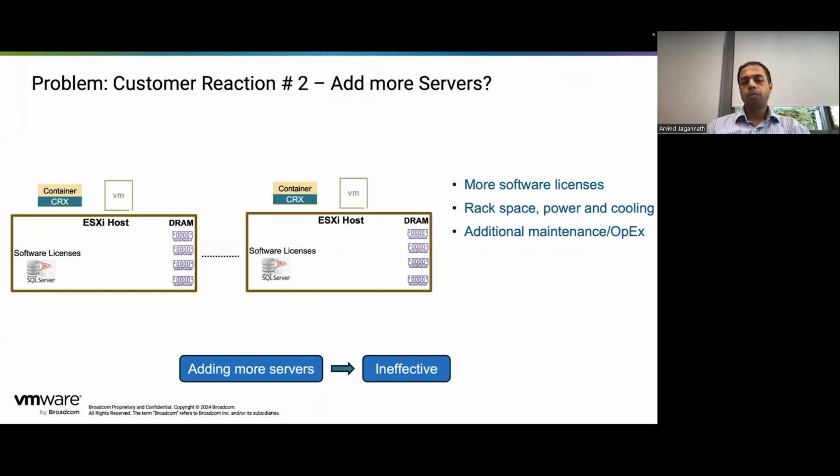And this results in more maintenance and OpEx costs. So this is typically not ideal. Customers would ideally want to improve the utilization of their existing hosts. They would like to see how they can do more with their licenses, with the infrastructure that they already have.